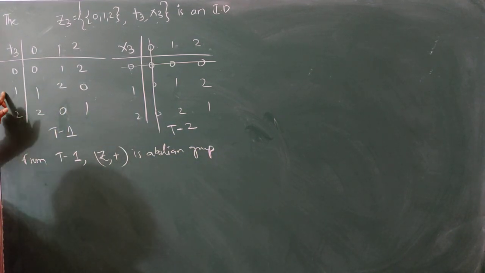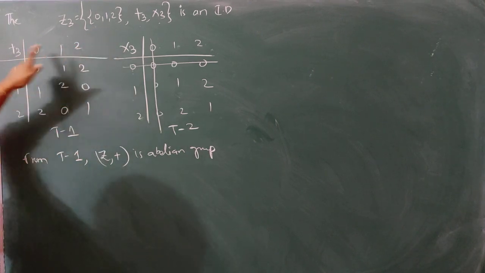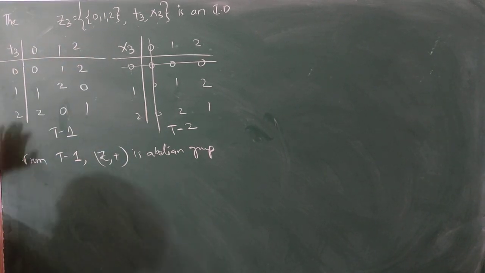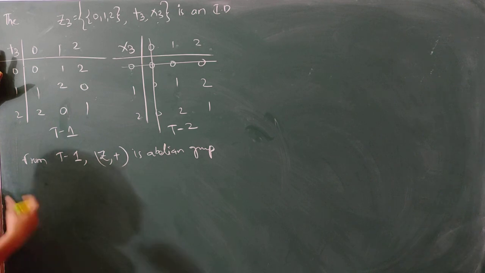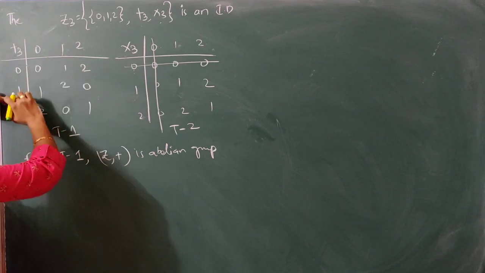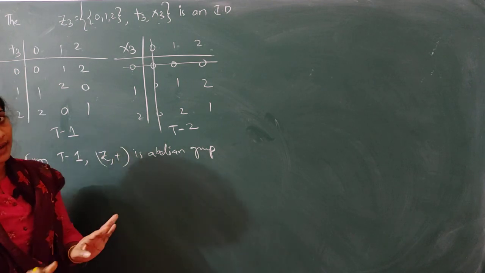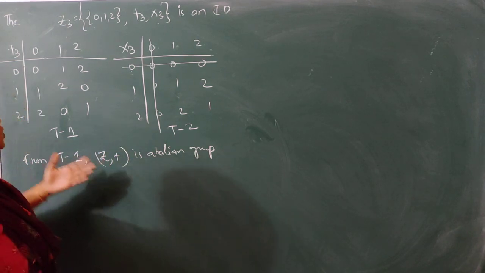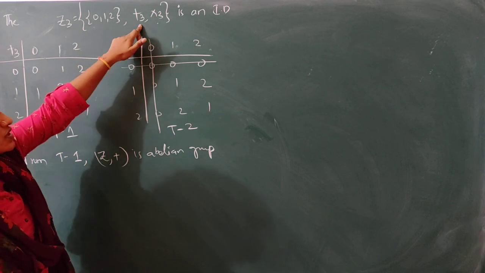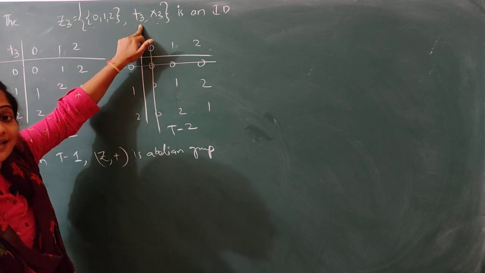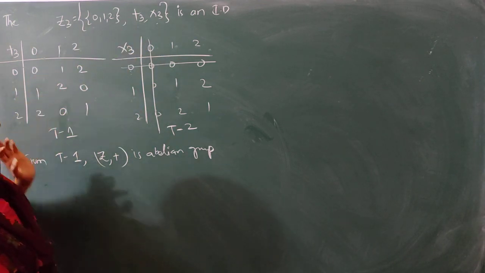How can you say that? Abelian group means the closure property: every element 0, 1, 2 belongs to the set Z3 only. Associative: if you take any two elements and combine with another element, then LHS equals RHS. Identity element with respect to plus is 0.